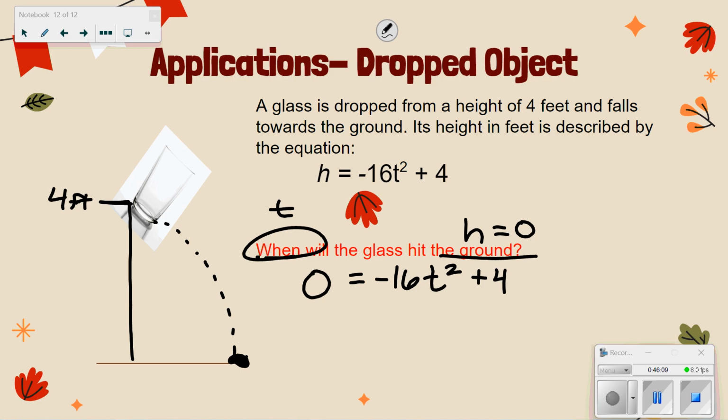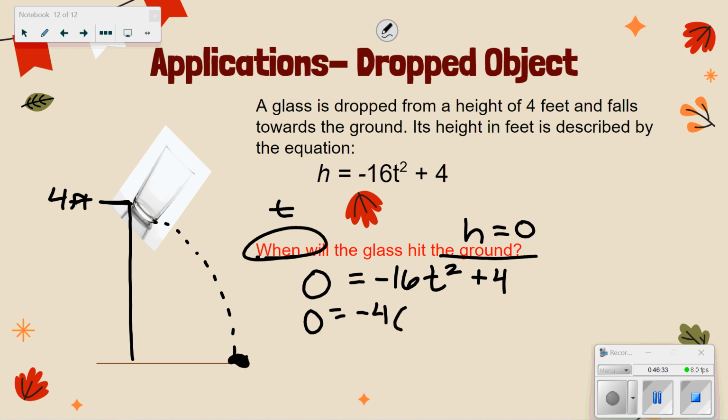Solving our quadratic equation, what's our first thought? Do we already have that done? Awesome. What's maybe another thought we might have? Yeah, maybe we might factor, right? If you're thinking about factoring this, you might want to factor out a GCF of negative 4.